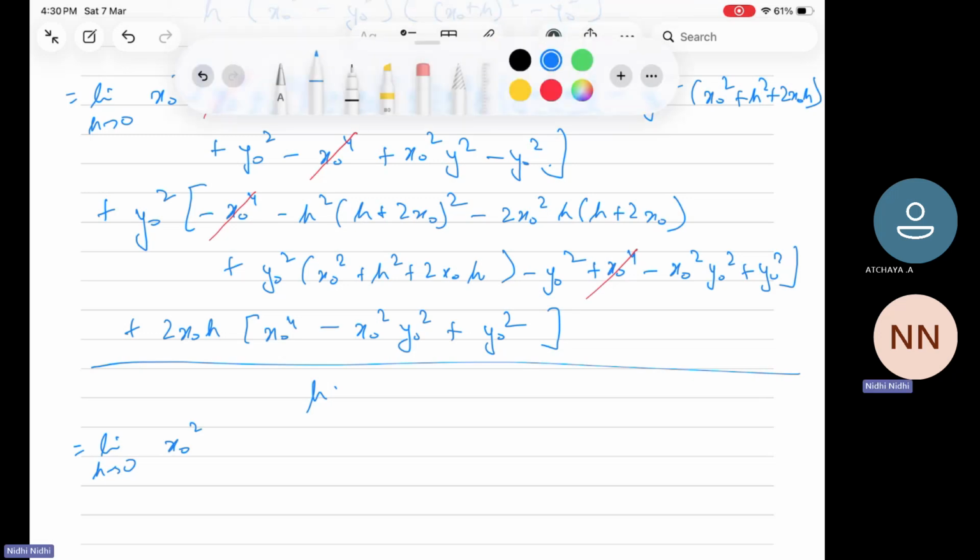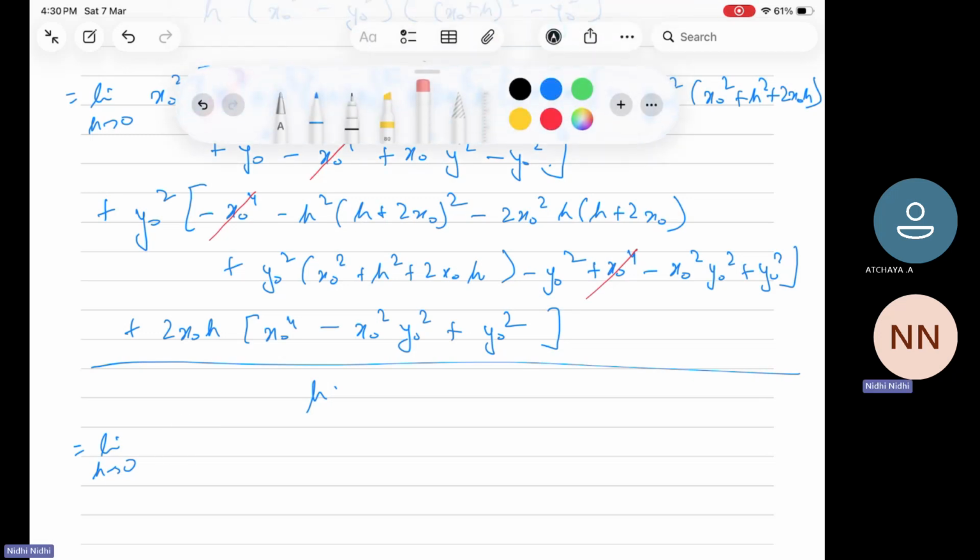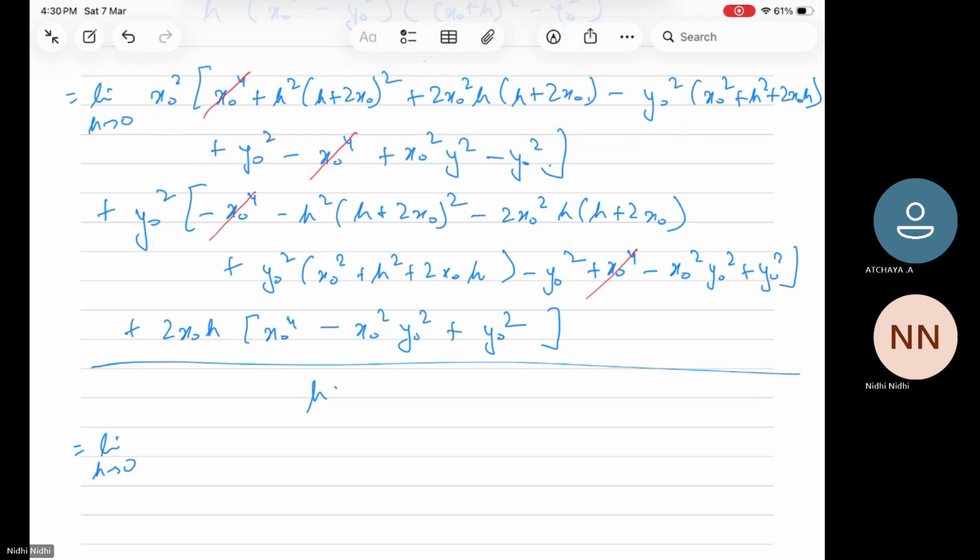Let me take the terms that have h separately.